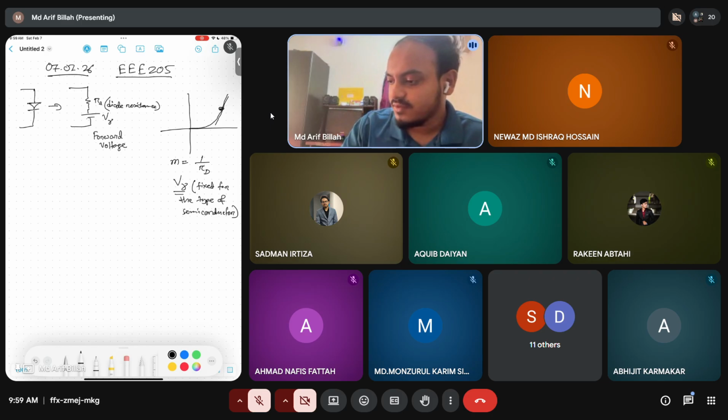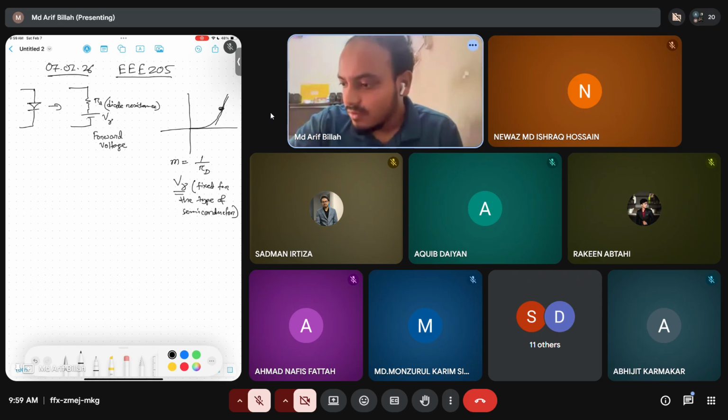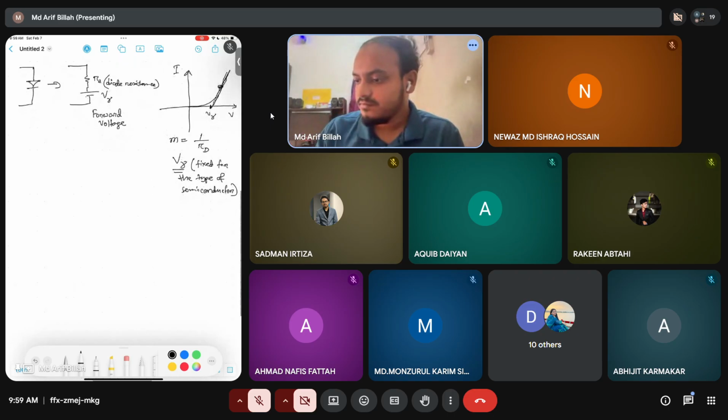If it's germanium, you have a different value. Or you can also find it from the graph by bringing that point to the x-axis. A straight line where it meets the x-axis, this value is your V gamma.